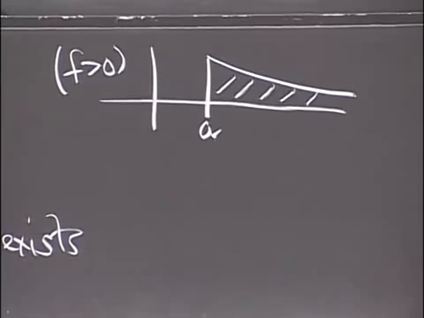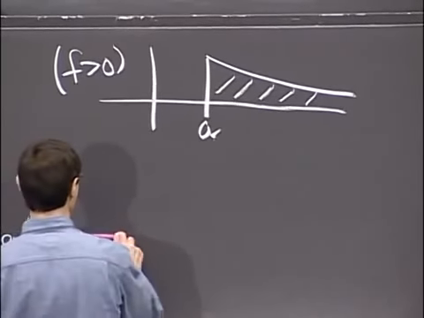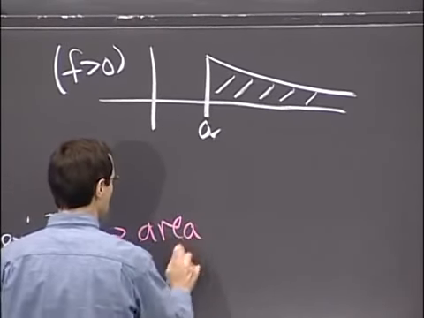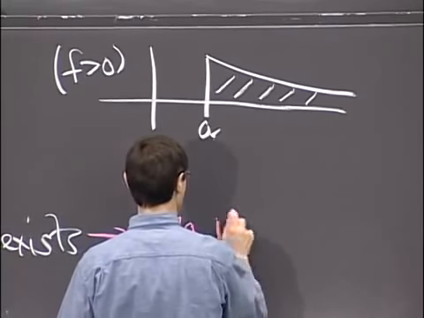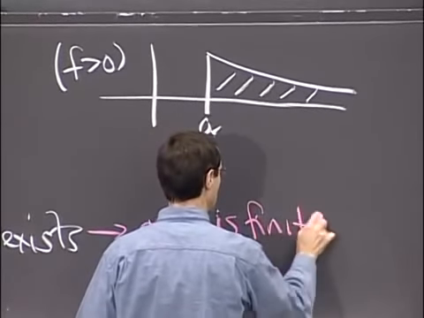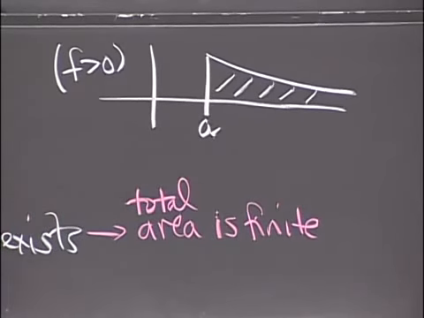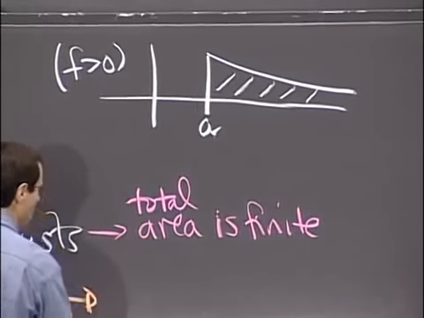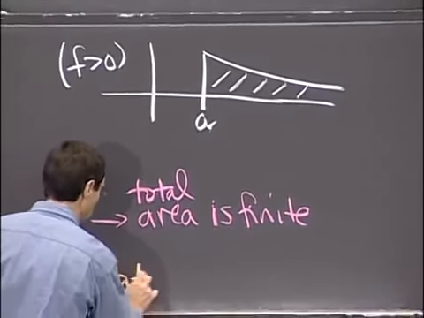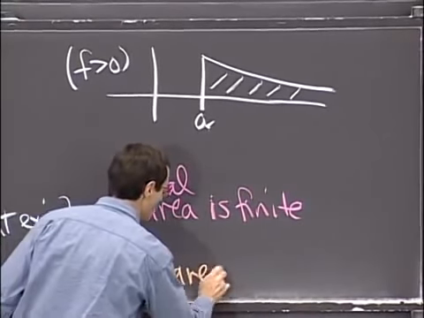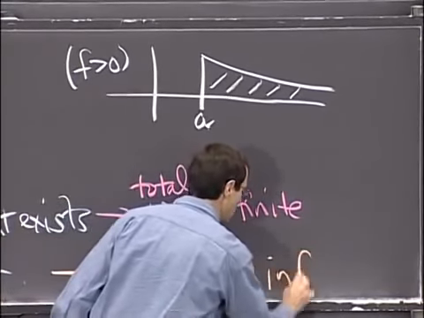Then the convergent case is the case where the area is finite. So the total area is finite under this curve. And the other case is the total area is infinite.